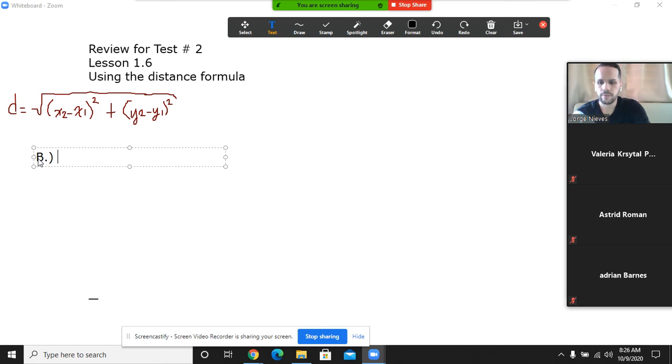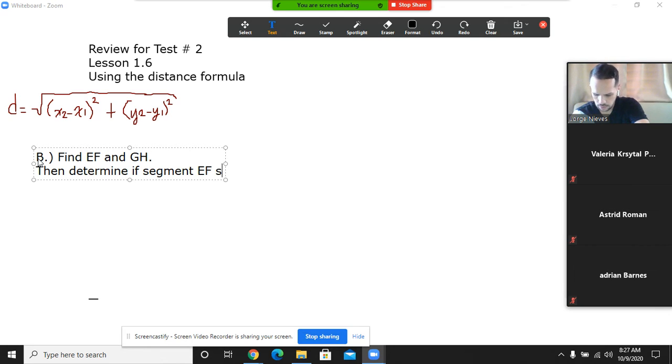We're going to find EF and GH, and the same. Then determine if segment EF is congruent to segment GH. Congruent means it has the same distance measure. Okay, let's do this very quick.